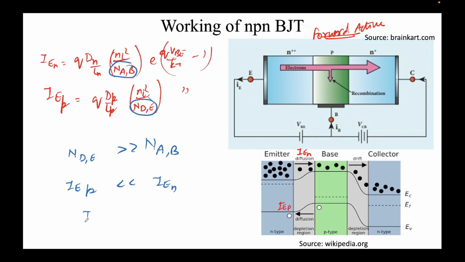Please remember that total emitter current is the contribution of both IEN plus IEP. So then IE will be approximately equal to IEN, which is what I want. This is an NPN BJT.